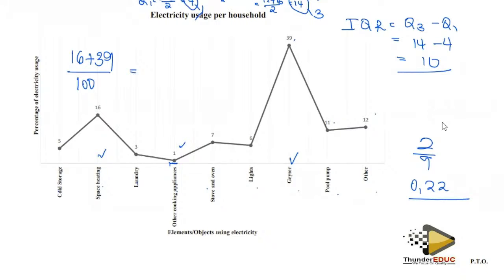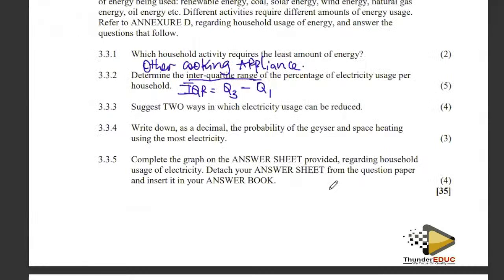And this would have given you 55 over 100. Remember, we are looking at the probability of space heating and the geyser. So someone might have used the percentage values. So get your mark, because the question was not specific. Someone might have used item counting, which is okay.